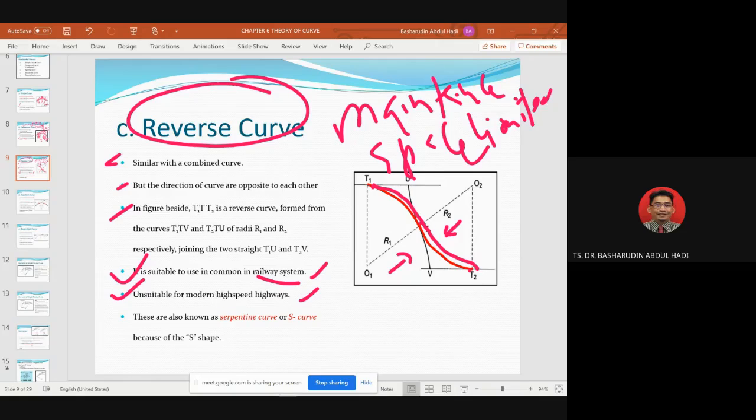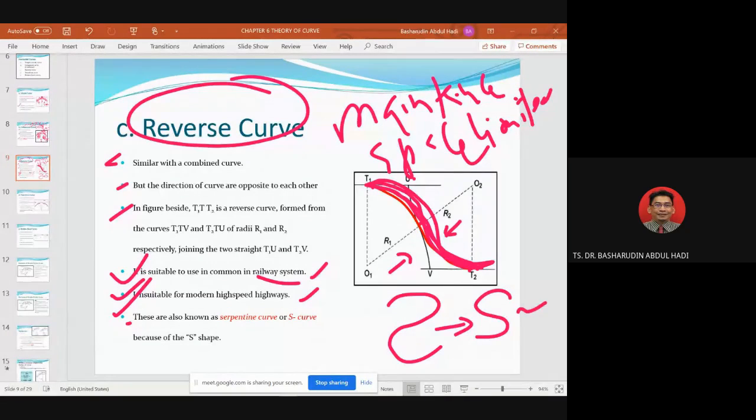If you go like this, I think your car or your train will collapse. Lastly, it is also known as the serpentine curve or S curve because of the S shape. You can see that this one is S-shaped, like the alphabet S.